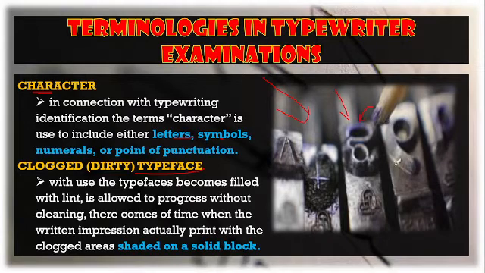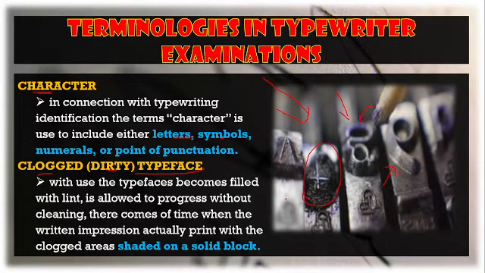Okay, so as you can see, we have here characters on the typeface. So this is the one that will be in contact with the type ribbon, and then as well as to the paper to create or to imprint letters, or characters na tinatawag natin. So pag marumi po yan or clog po yan or dirty typeface, then madideform na yung mga letters na mabubuo, may imprint doon sa papel.